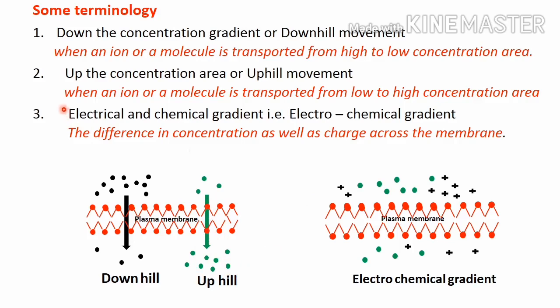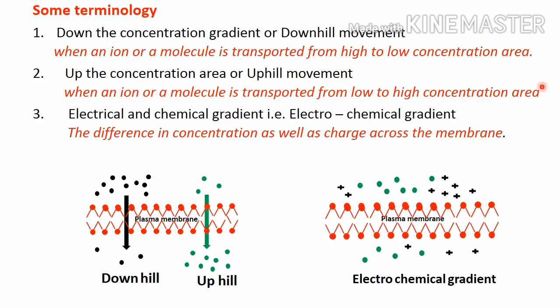And the third category is the electrochemical gradient, and it is made up of two terms, electro and chemical. Electro represents the electrical charge, and there are two types of charge, positive and negative, and chemical is the amount of the solute concentration on the respective surface of the membrane.